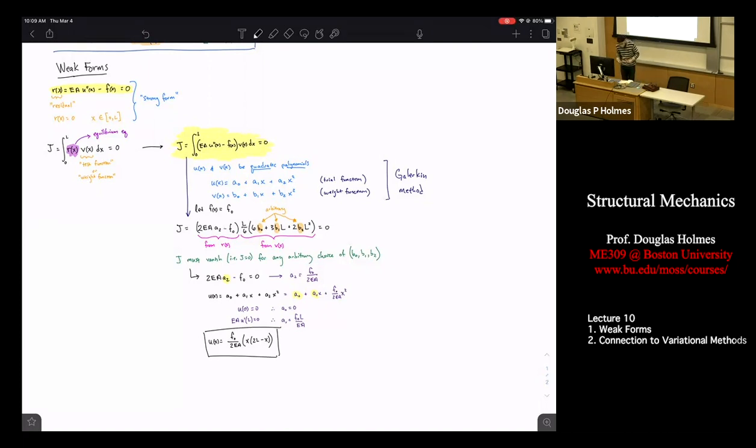And so, as it turns out, we can solve both of these problems by doing the same thing.